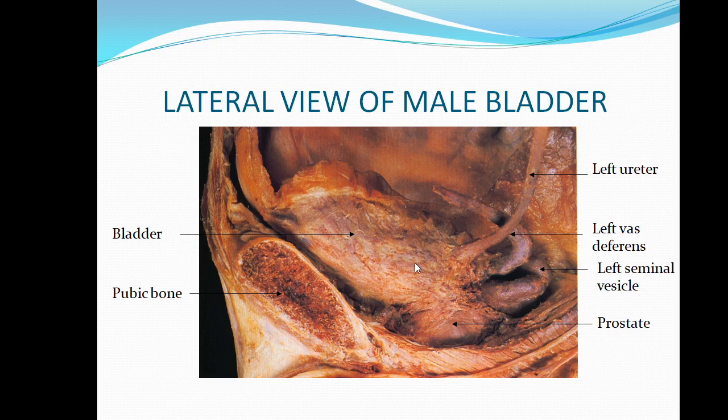Now, in the male, you can see the bladder rests on the prostate, and anteriorly you find the puboprostatic ligaments. Here you can see the seminal vesicle, the left ductus deferens, and this is the left ureter.